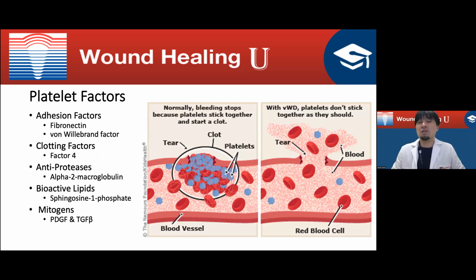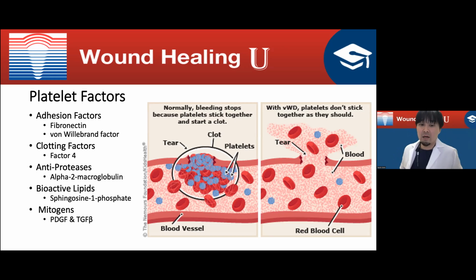And in the normal condition, bleeding stops immediately because of many platelet factors. But one example of the deficiencies is von Willebrand factor deficiency, in which platelets don't stick together as they should. So it takes a long time to stop the bleeding.